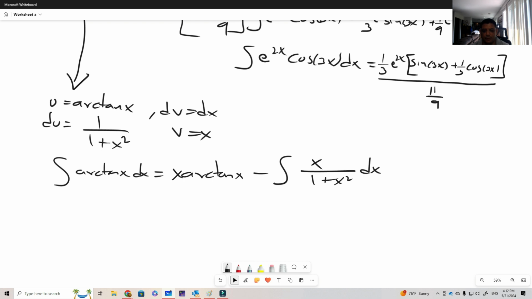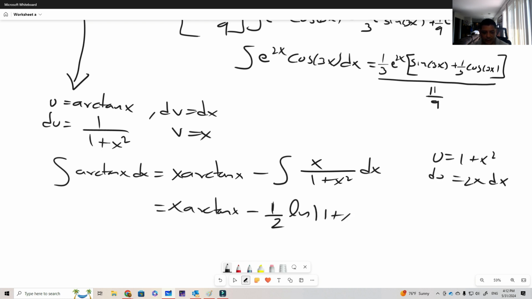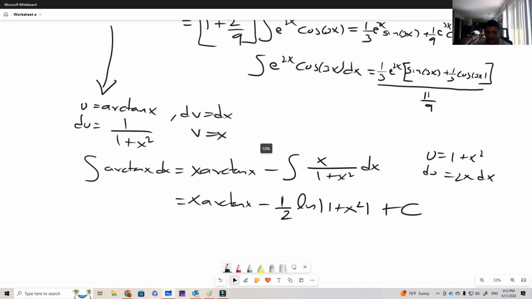U equals 1 plus x squared, and so du is going to be 2x dx, and because I only have the x dx, it is going to be du over 2. And so this is going to become x arctangent of x minus 1/2, and then because we're going to get 1 over u, this is going to be the log of 1 plus x squared, and then plus c. And so that's the end of that particular integral.